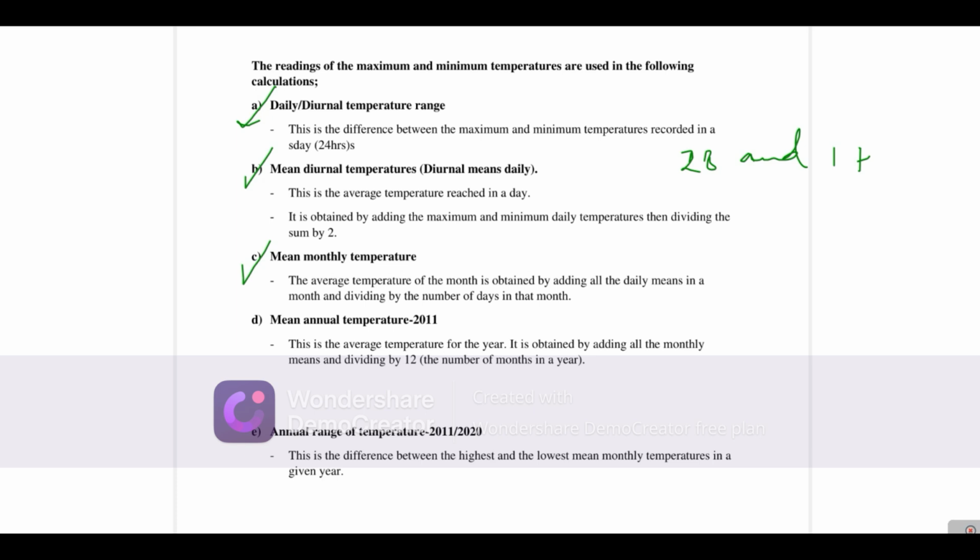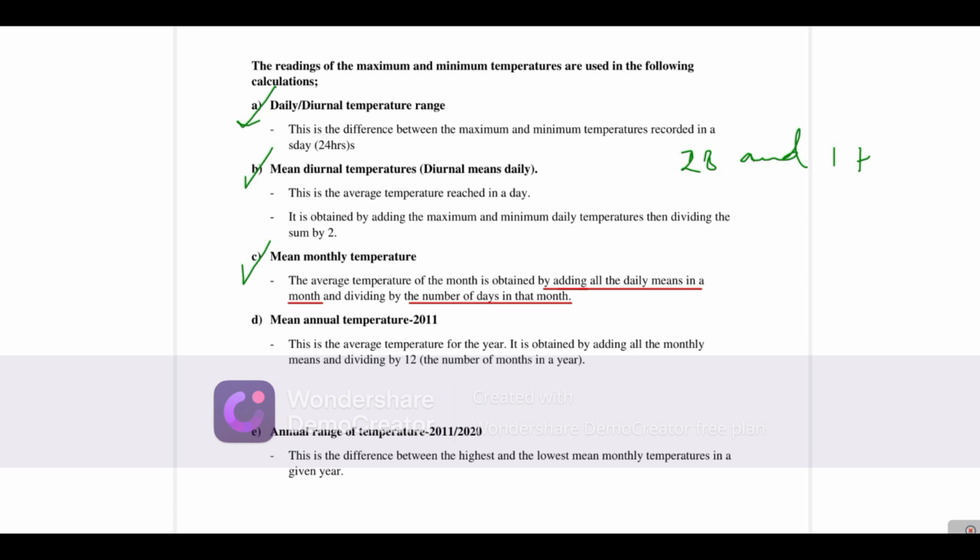So mean monthly temperature, which is the average temperature of the month, is obtained by adding all the daily temperatures. So this is where we get the operation in the month. There is addition, and then dividing by the number of days in that particular month, because we are talking about the monthly, not annual.